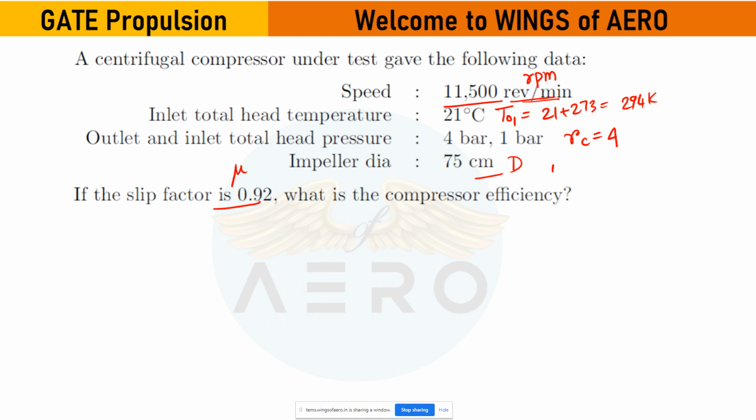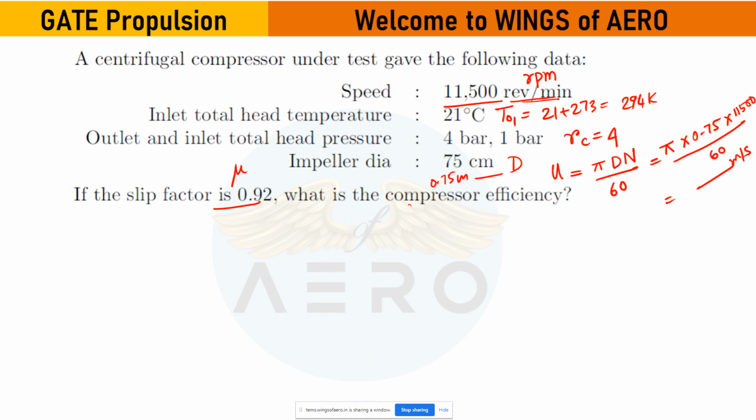So from here we can find U, the impeller speed. How? U equals pi d N by 60. Using this formula, pi into diameter, 75 means 0.75 meter, into 11500 divided by 60, you will get U.